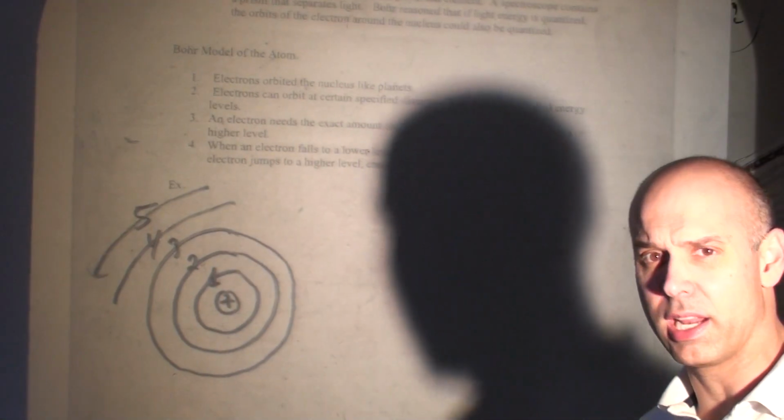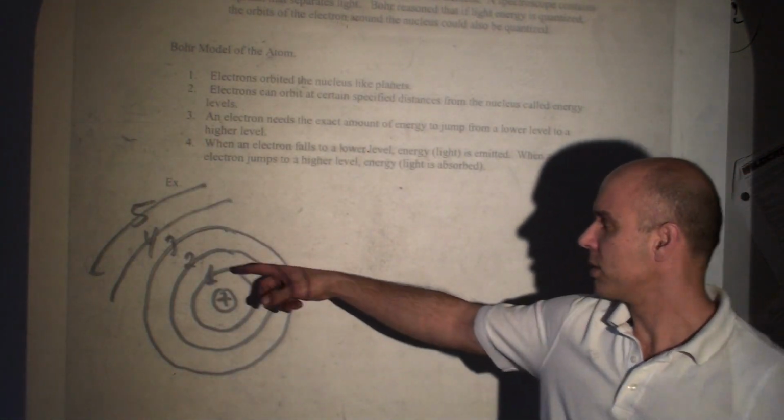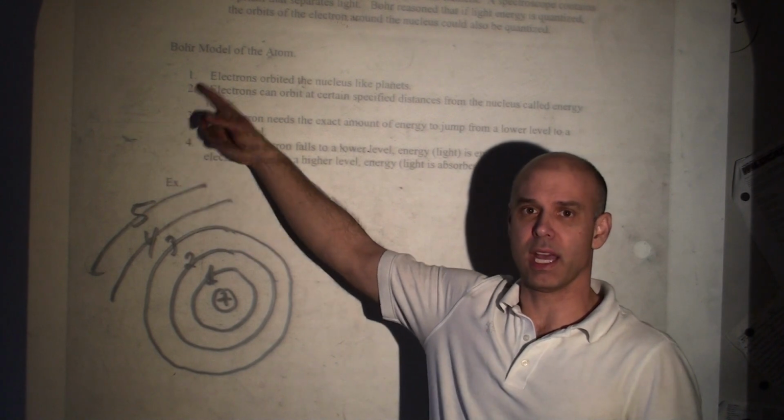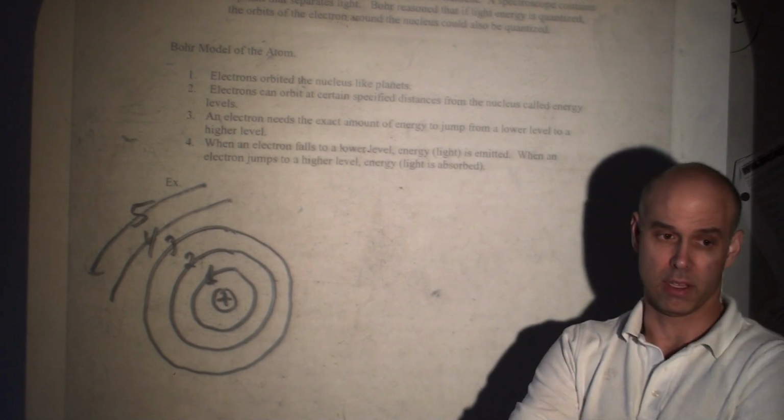Those orbits will continue going on and on. So 1, 2, 3, 4, 5, 6, 7, 8, 9, 10, 11, 12, 13, 14, all the way to infinity. Those will just keep going and going.